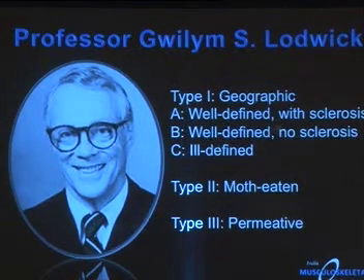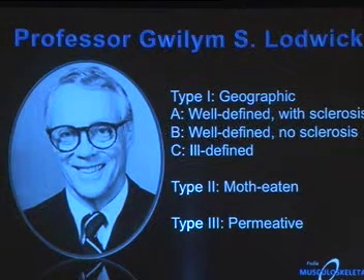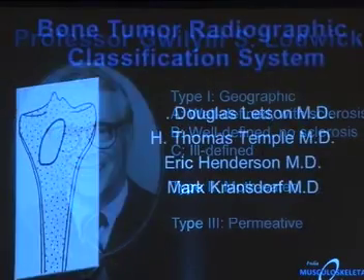And it's very nice with type 1 lesion, you have the A, B, and C: the well-defined with sclerosis, well-defined with no sclerosis, or ill-defined but still geographic. Then you have moth-eaten and permeative, which are more your malignant tumors. Well, working with Dr. Kransdorf, who's a very, very famous musculoskeletal radiologist from Mayo Clinic, we analyzed a bunch of x-rays, and we kind of redid the Lodwick classification, and we've submitted it for publication.